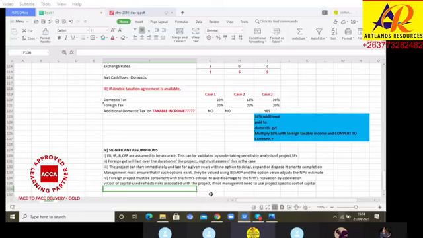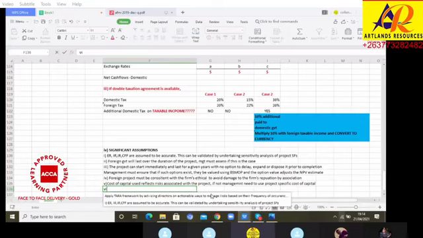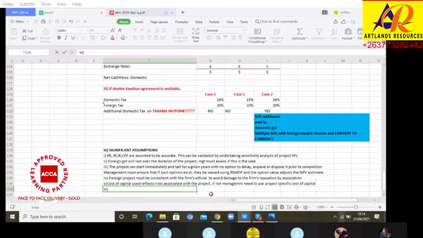Another point: all project cash flows are assumed to be remittable.